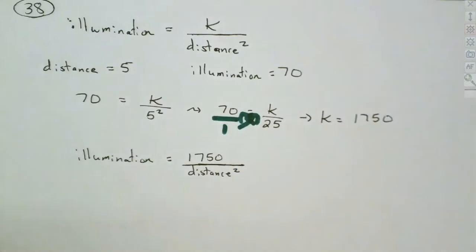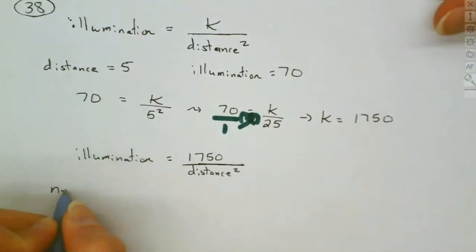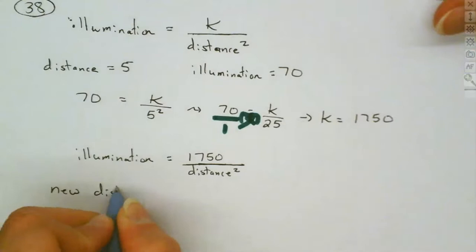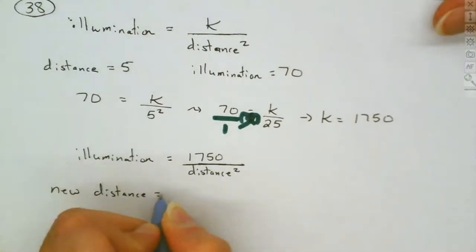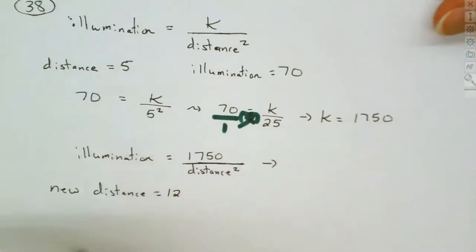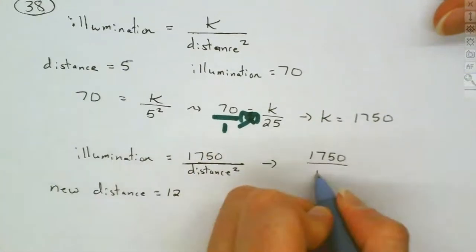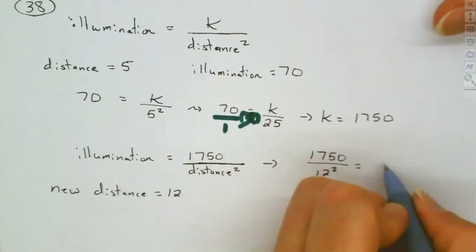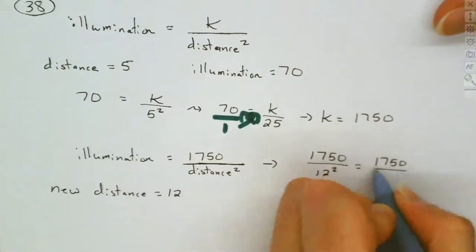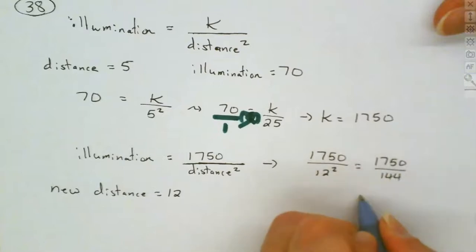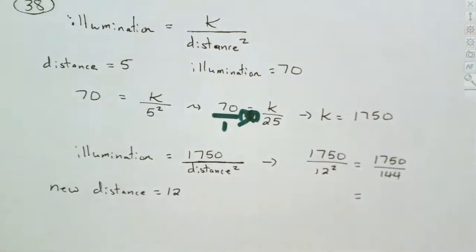12. So the new distance is going to be 12. So we plug in our value. So we've got 1750 over 12 squared, which is 1750 over 144. And then let's go ahead and just round this out. Okay, we could break it all down, but let's just round it out and use a decimal.